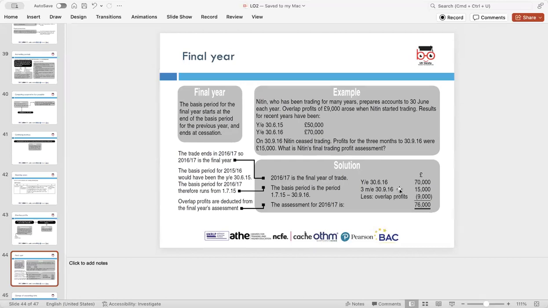In Nitin's case, there was overlap profit of £9,000 from when he started trading. So the assessment for Nitin's final year of trading, 16-17, gives us a final figure of £76,000. This calculation ensures that Nitin's final trading profit is accurately assessed, considering any overlap profit he may have had from previous years.